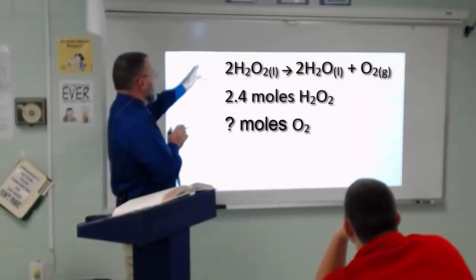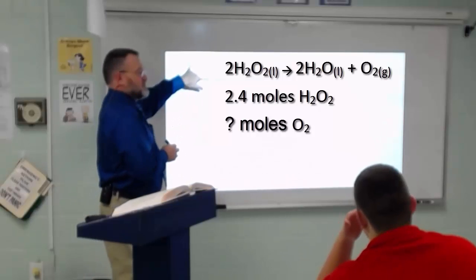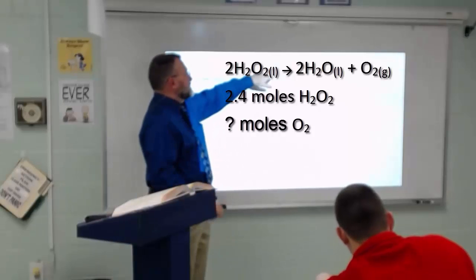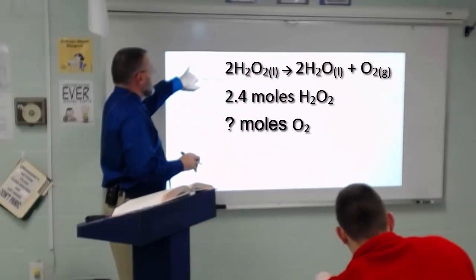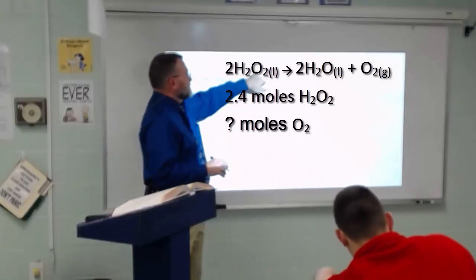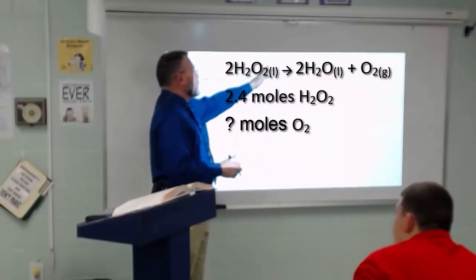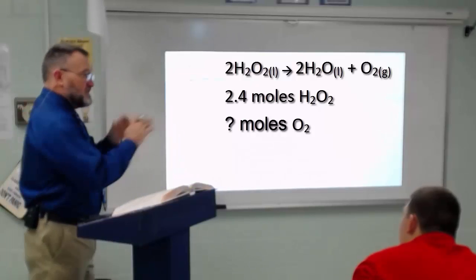If this is a balanced equation, and I start with 2 moles of H2O2, how many moles of O2 am I going to produce? If I start with 2, how many am I going to produce? I'm going to produce 2 moles of H2O and 1 mole of O2. Okay? We see that from the equation.